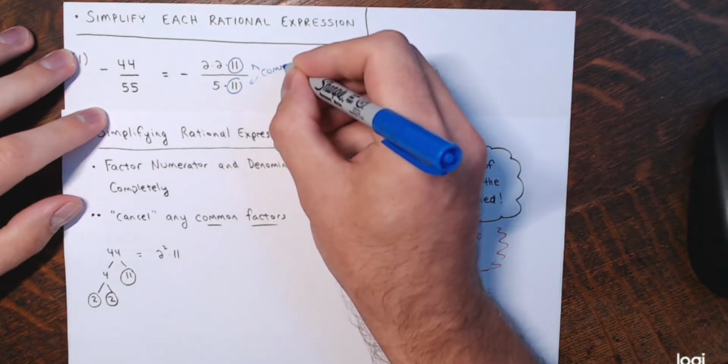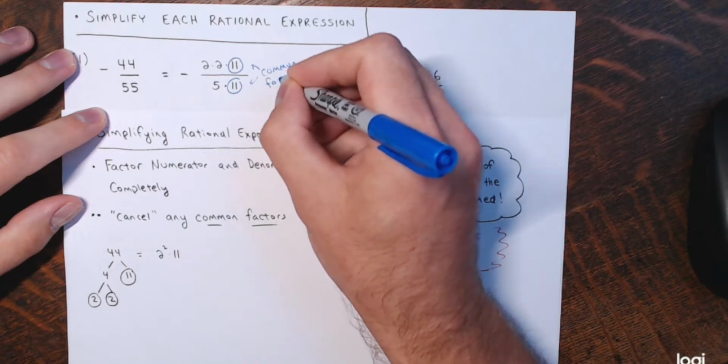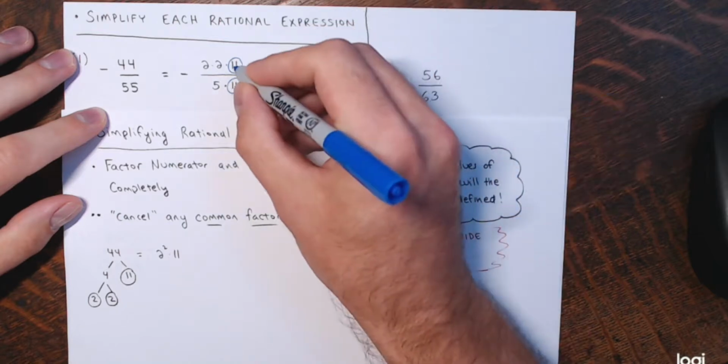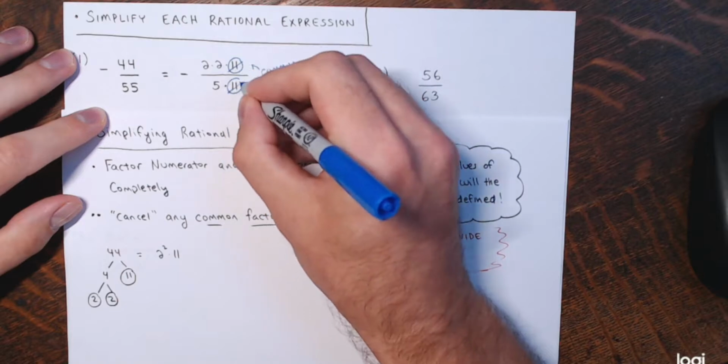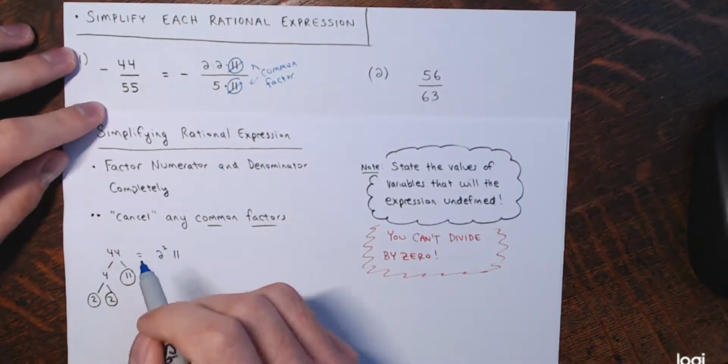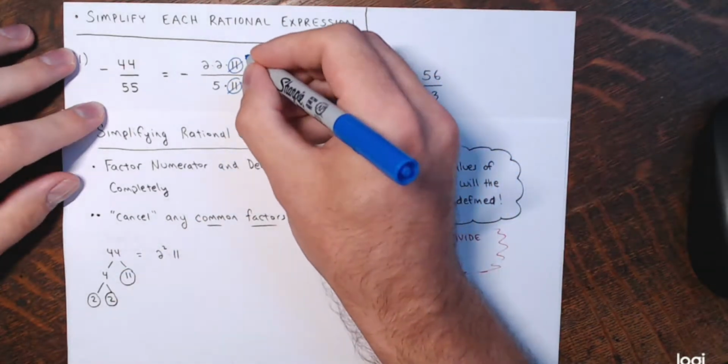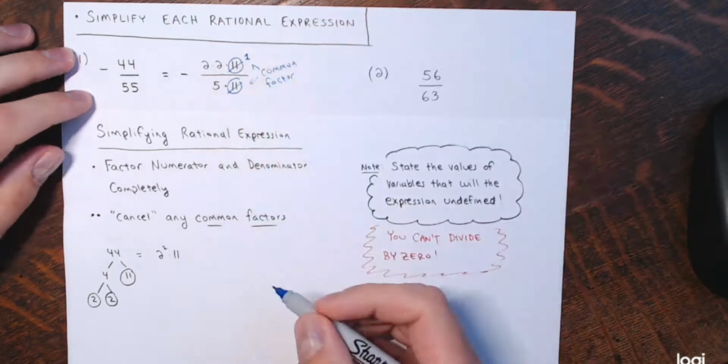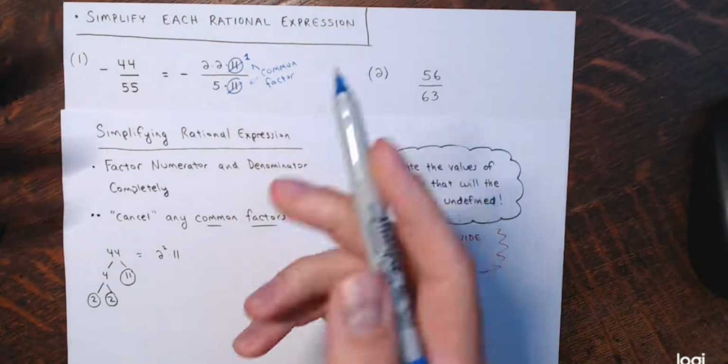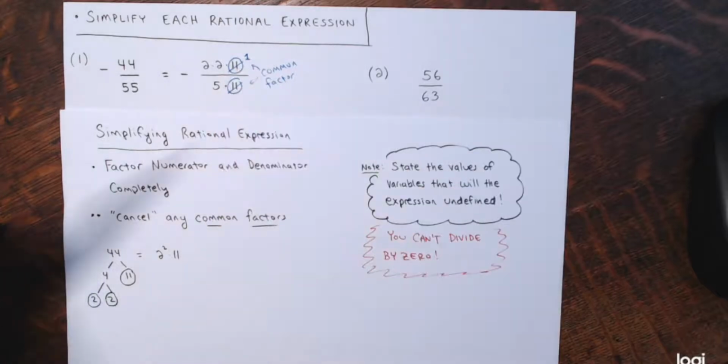And 11 divided by 11 is 1, so that's what I mean by canceling. These just become the number 1, technically. But you don't have to write the number 1. I'm not going to do that for the rest of the examples.